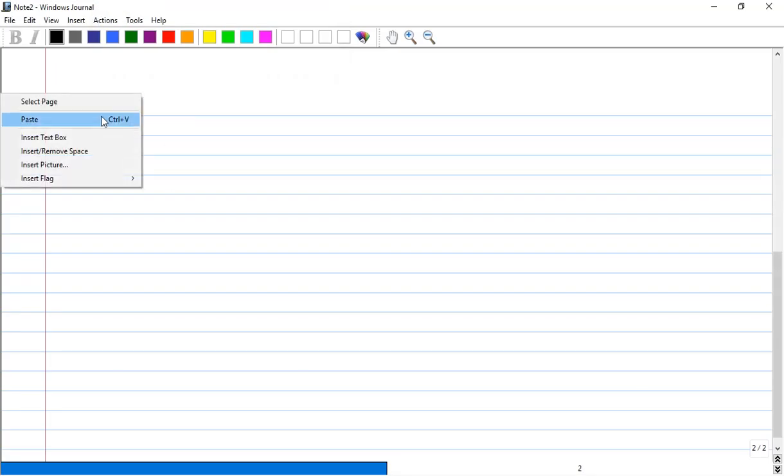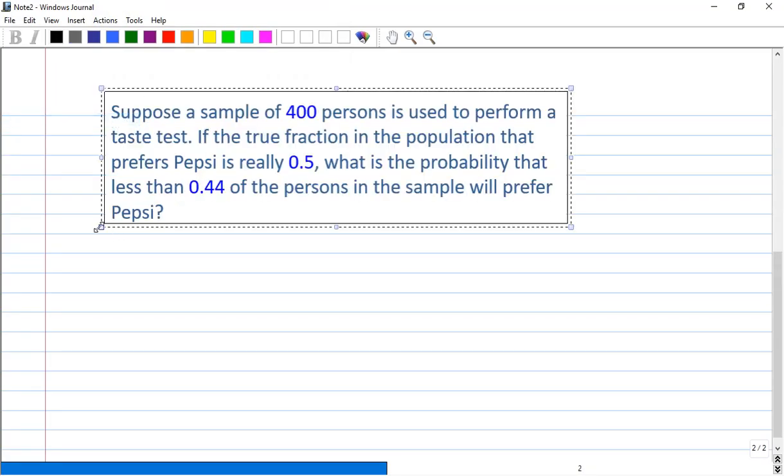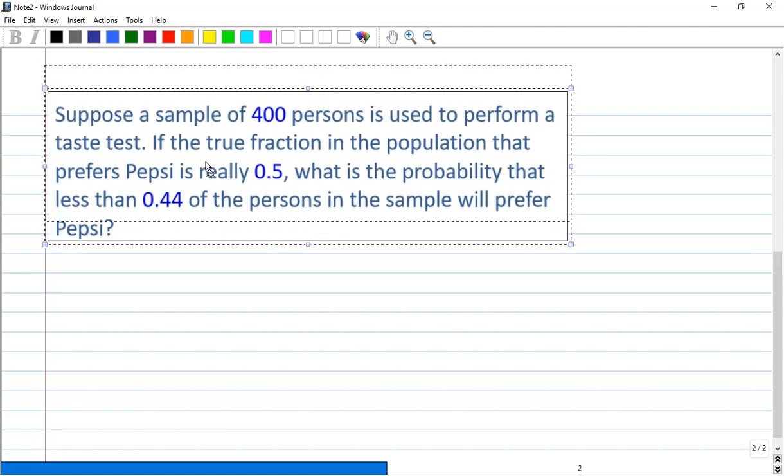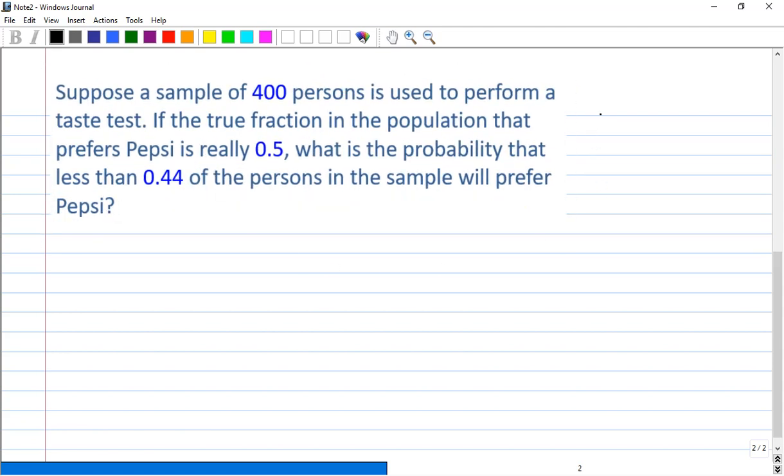And it says, suppose a sample of 400 persons is used to perform a taste test. If the true fraction in the population that prefer Pepsi is really 0.5, what is the probability that less than 0.44 of the persons in the sample will prefer Pepsi?